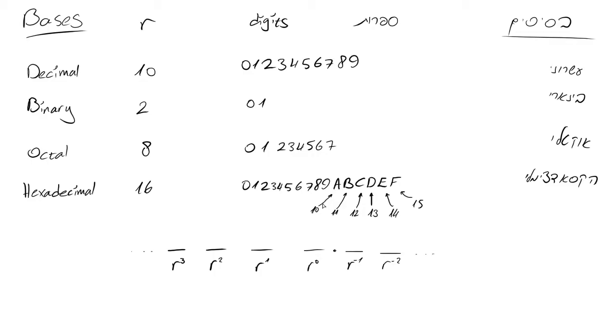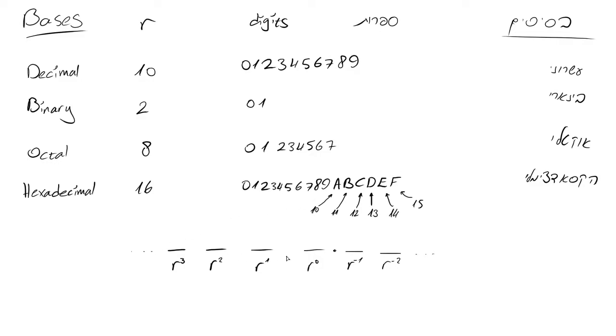So A is equal to 10, the decimal 10, B is 11, C is 12, D is 13, E is 14, and F is 15. And they each can go in whatever digit you use. It doesn't matter, they are just numbers.